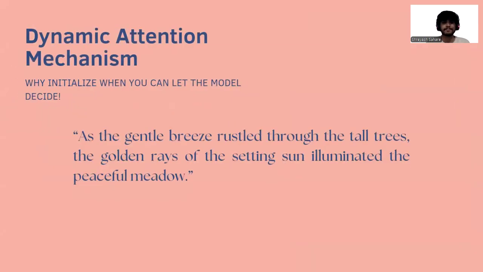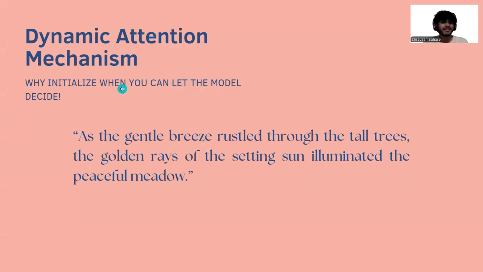This is the most exciting part which I've been working on, which is the dynamic attention mechanism. Let's say this is the input text, and let's say we set a fixed window size for local attention. Local attention has a window, and it focuses on a particular part of the text, deciding what part to focus on and what part to give attention to.